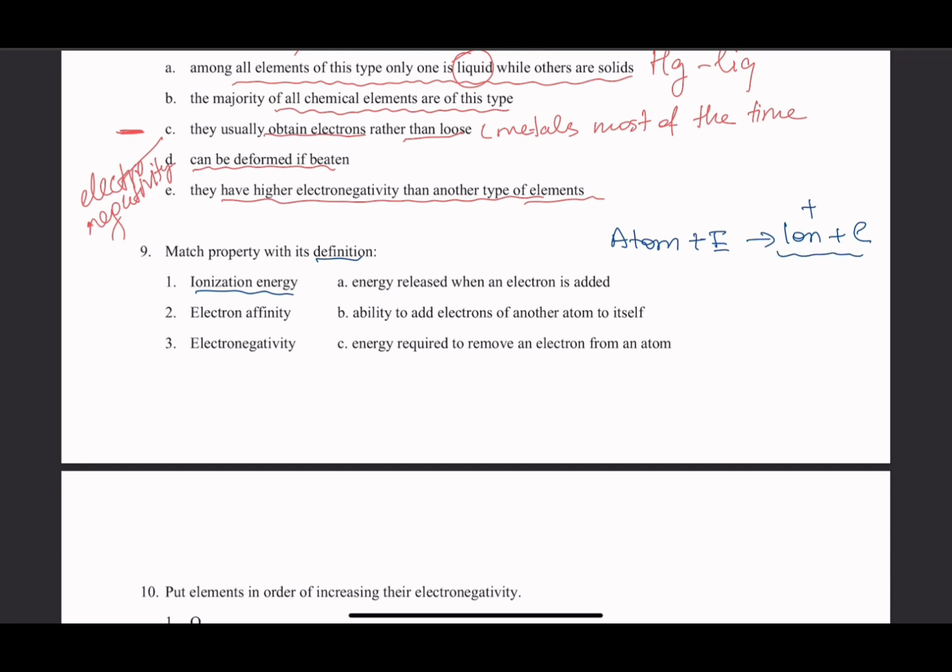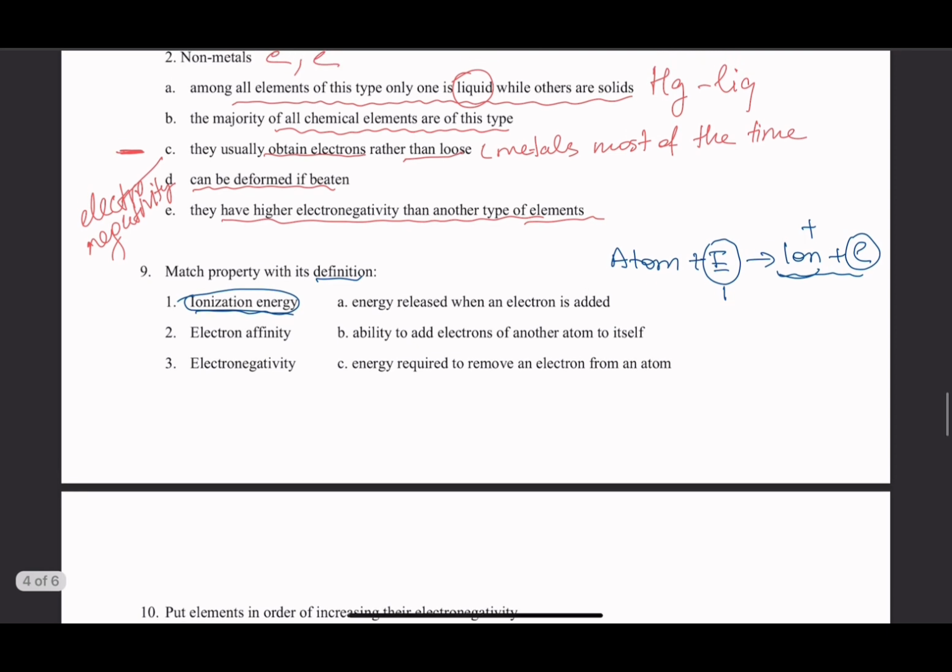You see, as a product, an electron got separated, so we made an ion. Now this energy is called ionization energy. To make this ion, I needed this energy. So 1 is going to be C in this case.